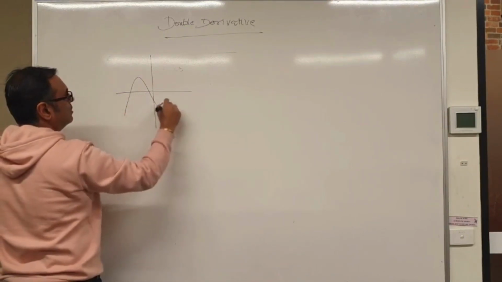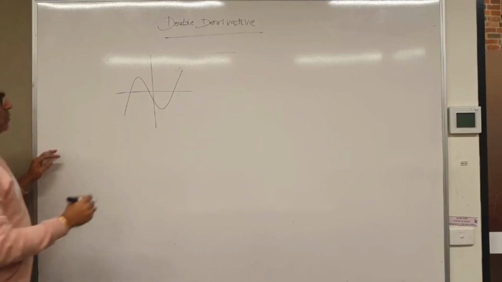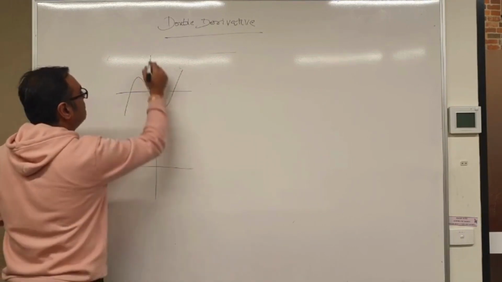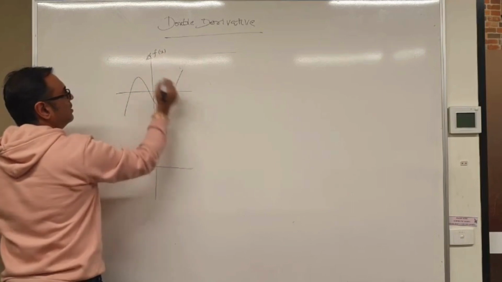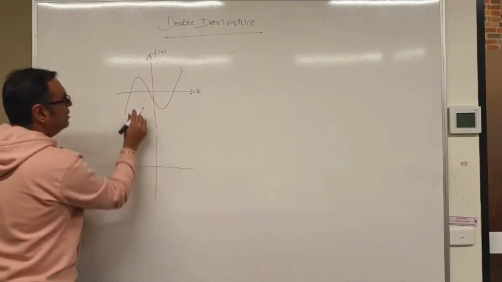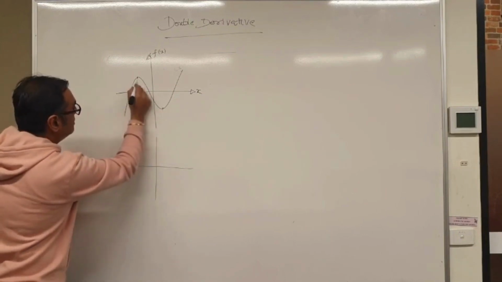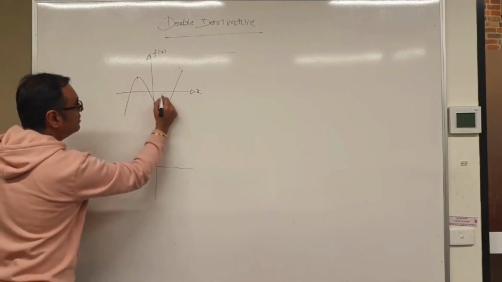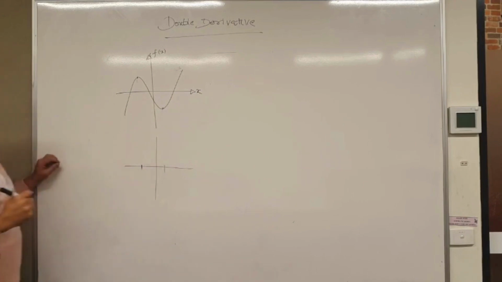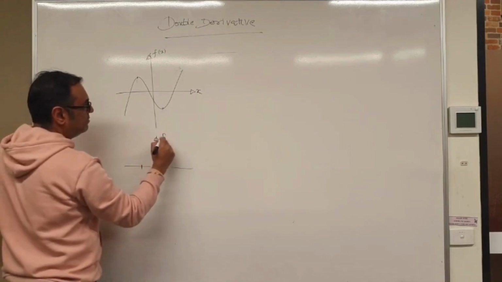What's the derivative graph? This is f of x, and this is x. What are the turning points? That's the turning point, that's the turning point. So that means that's the x-intercept. That means that's the x-intercept. That's the derivative graph, correct?